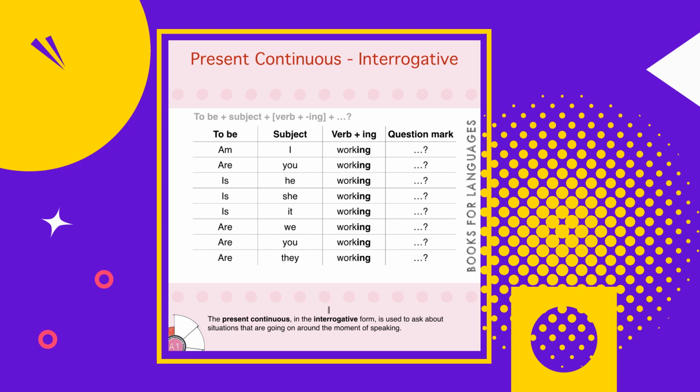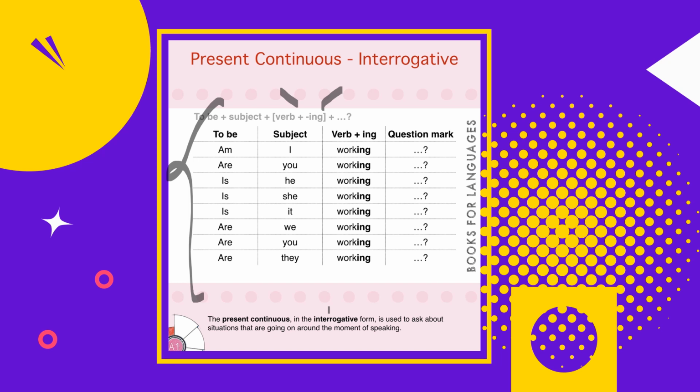So it will become sleeping, going, etc. The basic rule for a present continuous interrogative sentence is to be plus subject plus verb and ing, and then the rest of the sentence.